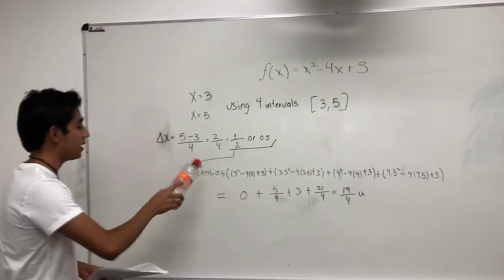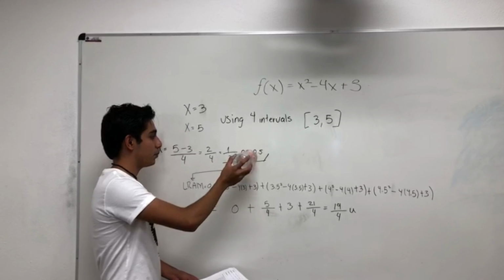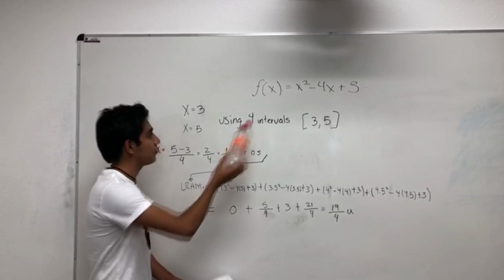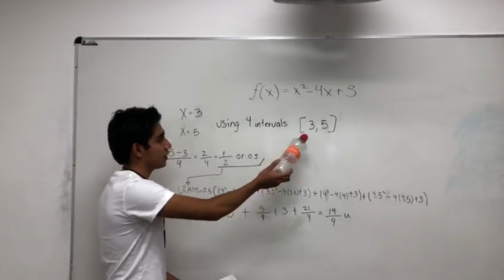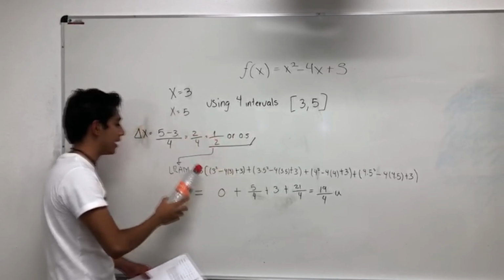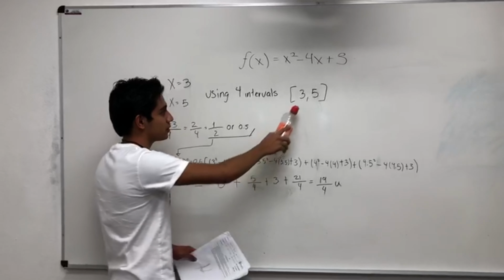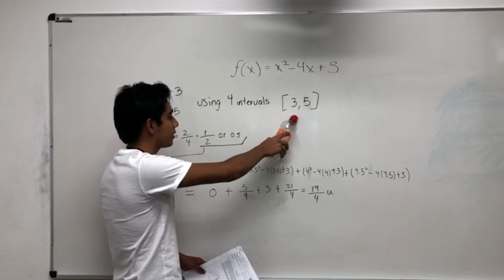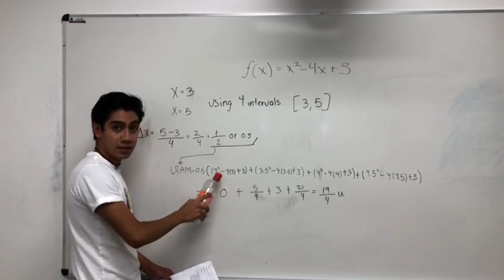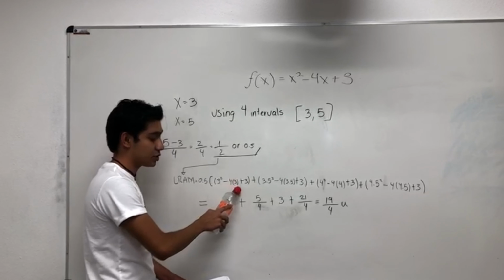Now, this method is by multiplying 0.5 times the function at the first limit 3, plus delta x each time. For example, we have this function, so we substitute the first part of the interval, that is 3 squared minus 4 times 3 plus 3.